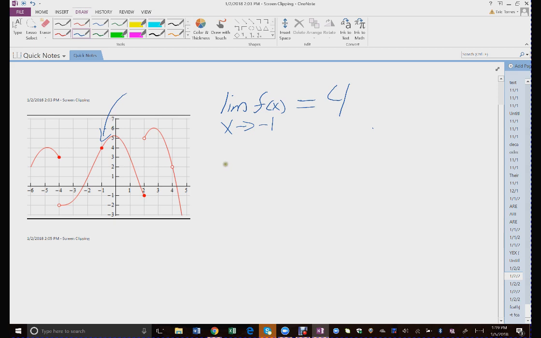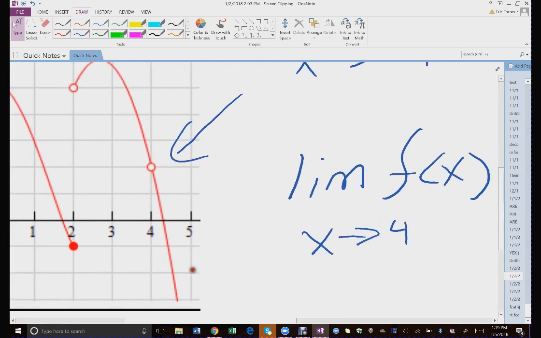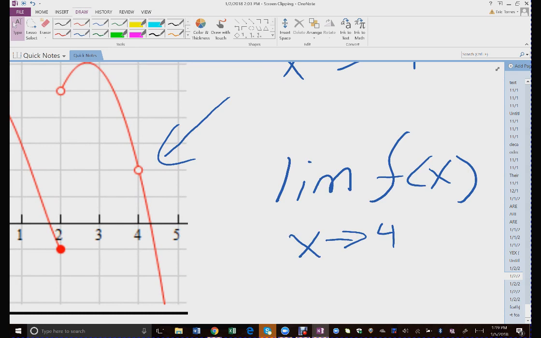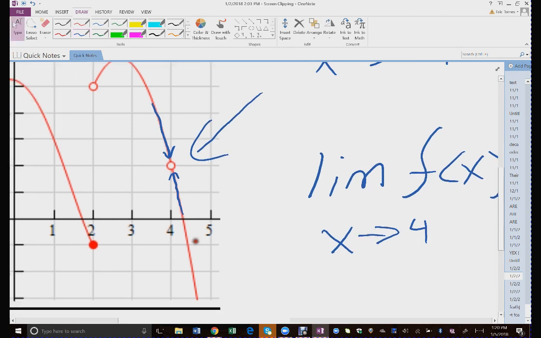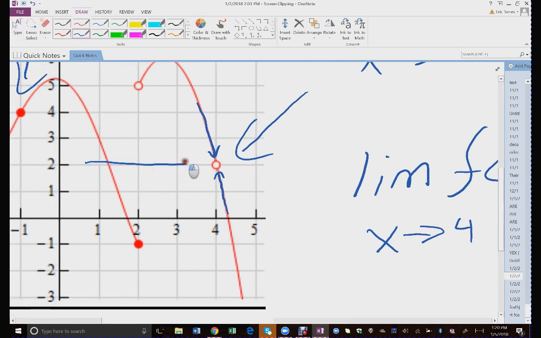Let's take a look at the limit of f of x as x approaches 4. Now let's zoom in on that location. This point does not exist on the function, but the limit does. As x gets closer to 4 from either side, my function is getting closer and closer to 2.